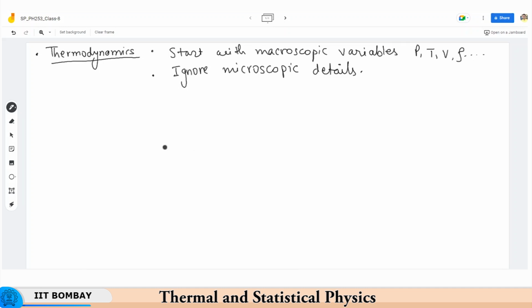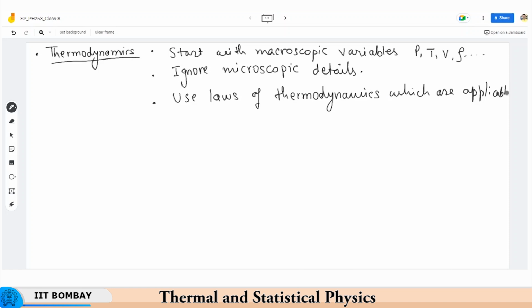And we will see that in thermodynamics we basically come up with what's known as the laws of thermodynamics, which are applicable to all systems, and we use these laws of thermodynamics to infer physical properties of systems, right?